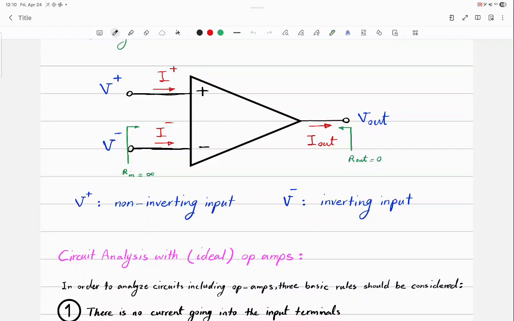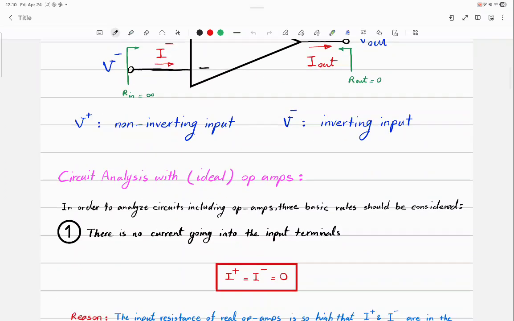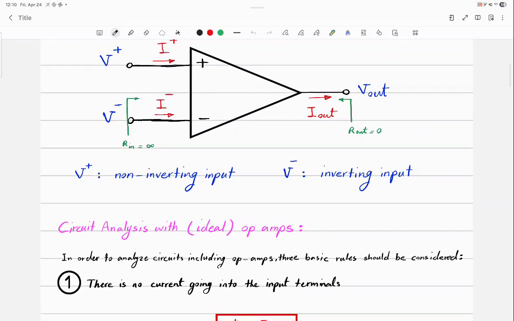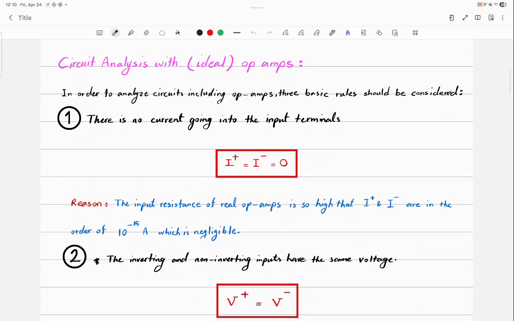Okay, if the voltage is 1 volt and the input resistance is infinite, how much current is going into the terminals? 0. That's the only number that makes sense, okay? Not exactly 0, but very, very small. So a direct result of infinite input resistance is actually the first rule.